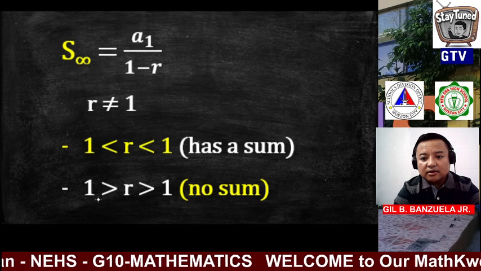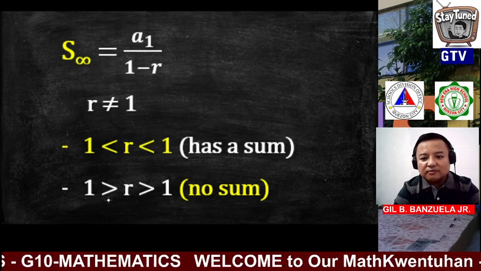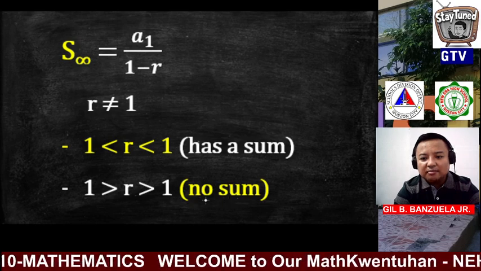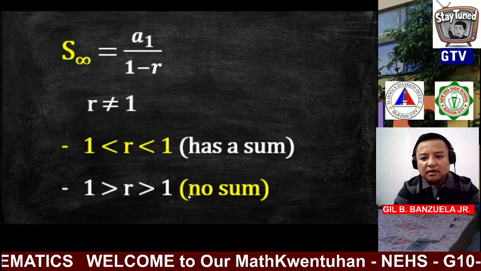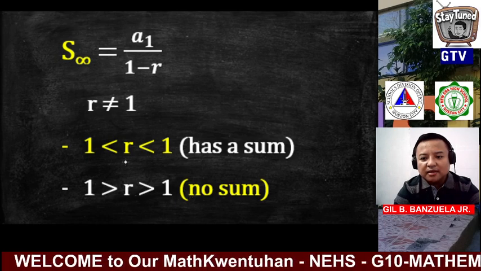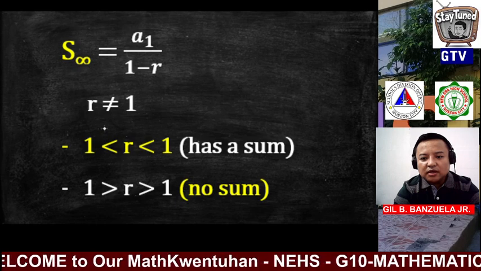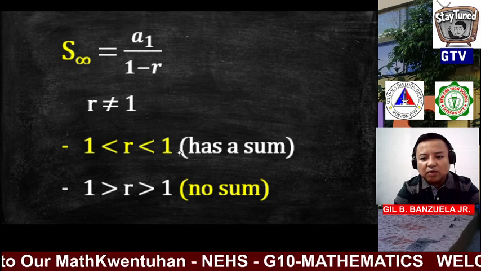It has no sum if the common ratio is less than -1 or greater than 1. But it has a sum if the common ratio is greater than -1 but less than 1.